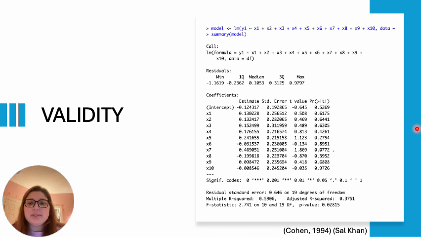The estimate is showing the change in y1 for 1 unit increases in the predictor. So for example, for the x1, the value is 0.130, meaning that if x1 increases by 1 unit, y1 will increase by 0.130 units. And this assumes that the other values are held constant.